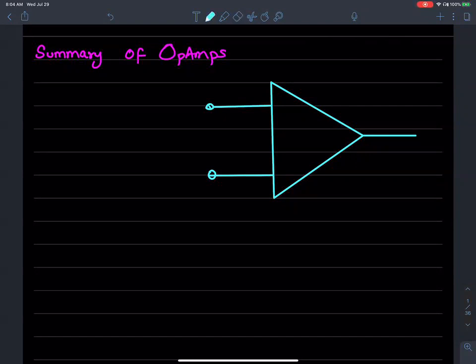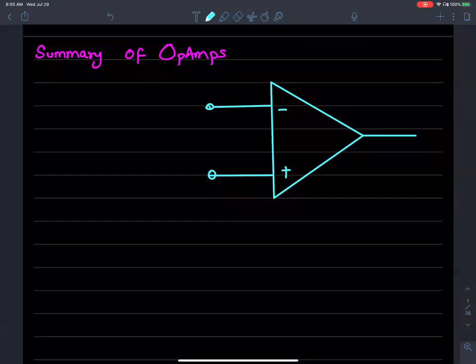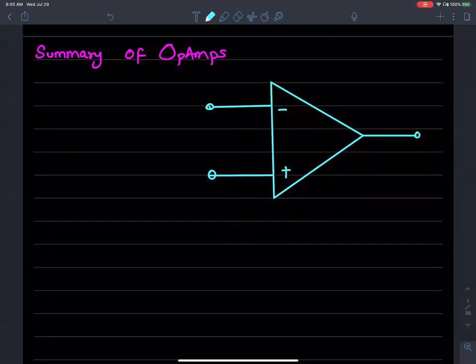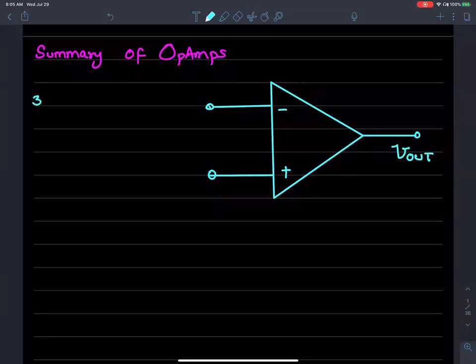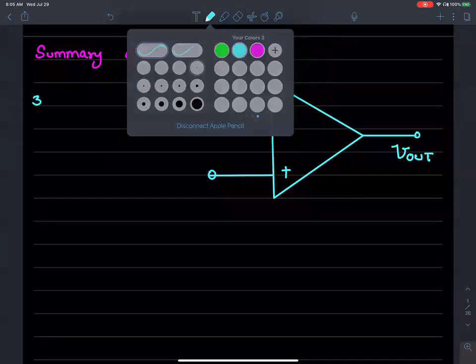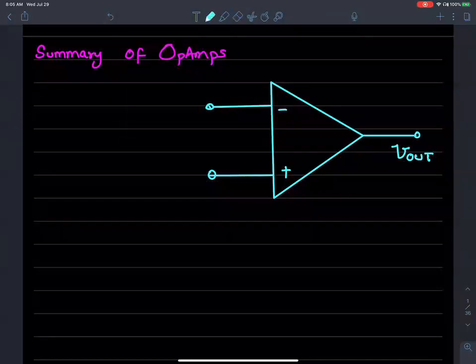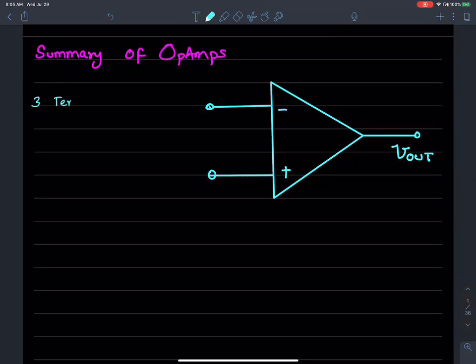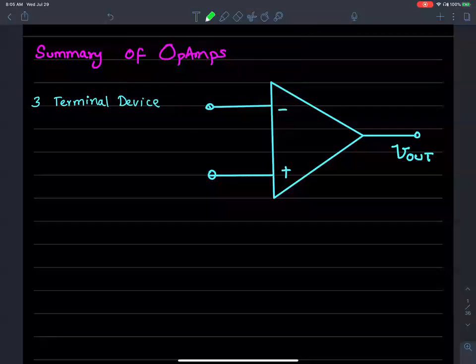It's an operational amplifier. It has 2 inputs. It has a negative input terminal and it has a positive input terminal, and then of course the output. It's a 3-terminal device. Two of these terminals are input.